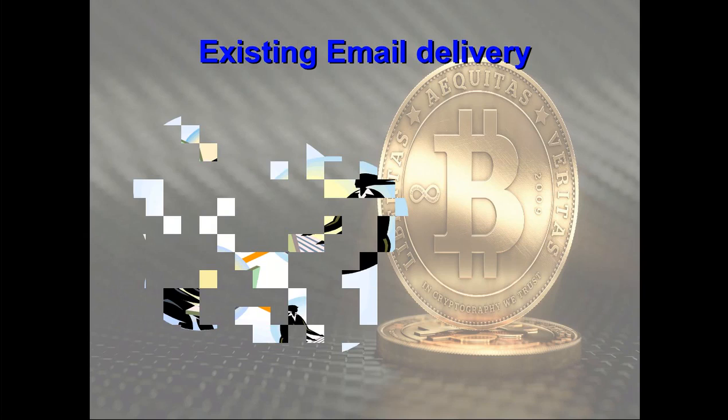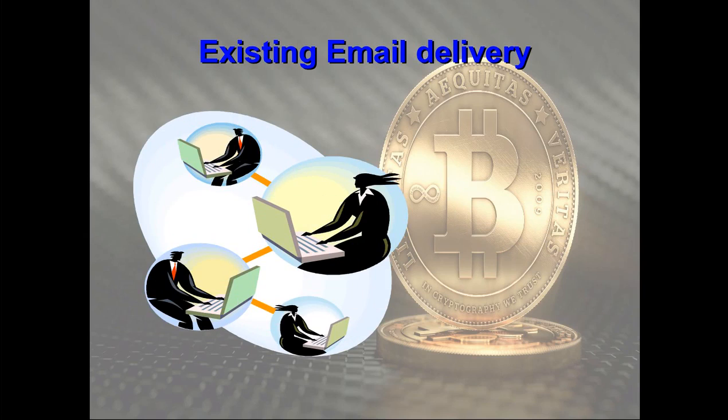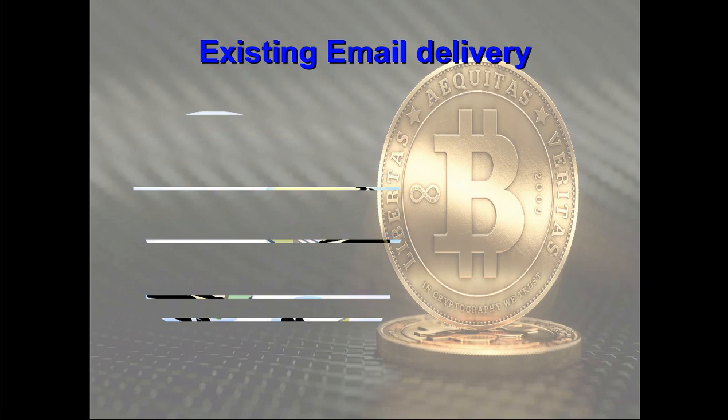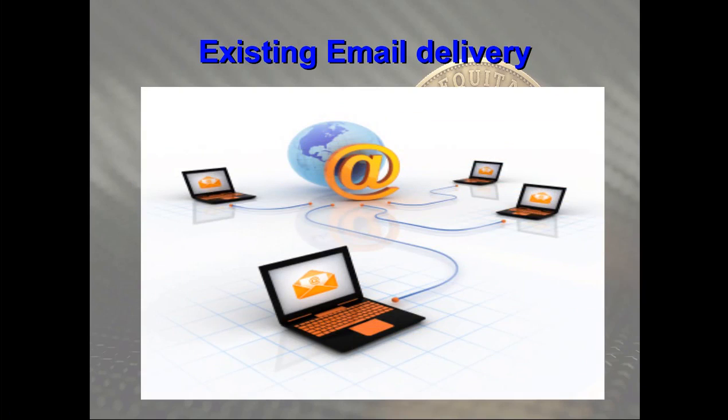Existing email delivery. Well, many non-technical users perceive email to work from A to B and from B to C and so on. That's not quite how current email delivery does indeed work. A better analogy would be that you have a central server which we are all plugged into, and that you share the resources of this central server. But again, such a server would be truly vast.